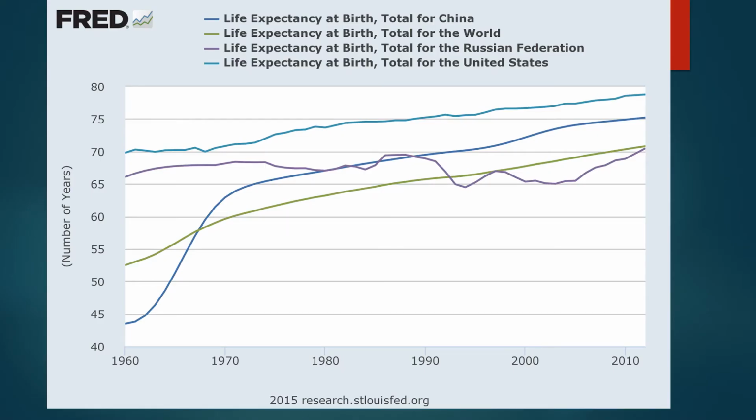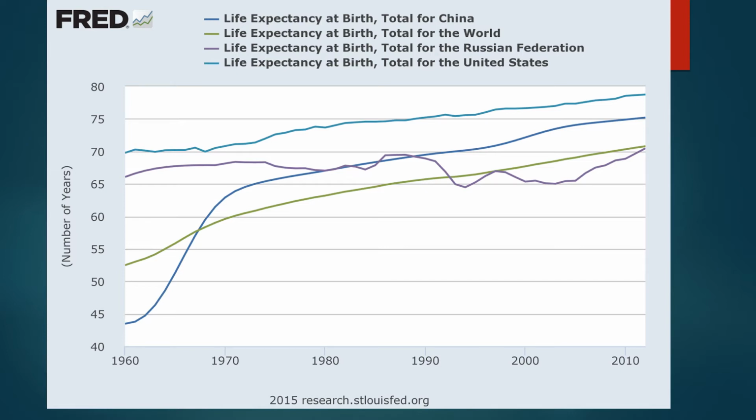When we look at the big three countries in the world, Russia, China, and the United States, we can see that the United States still does lead as far as life expectancy. The life expectancy difference has substantially narrowed between the United States and China.